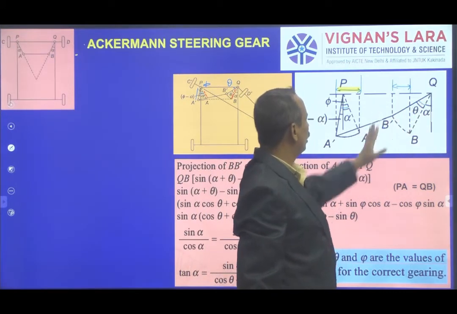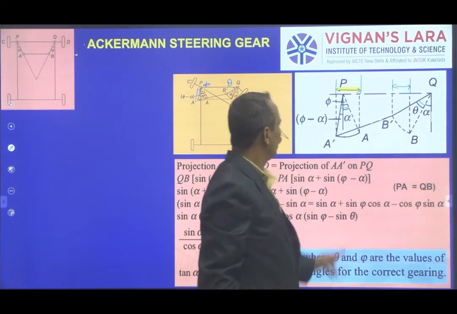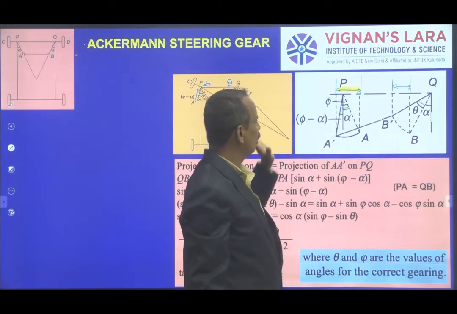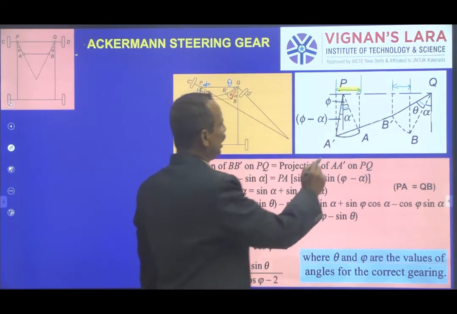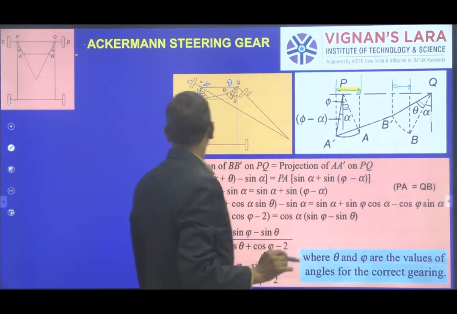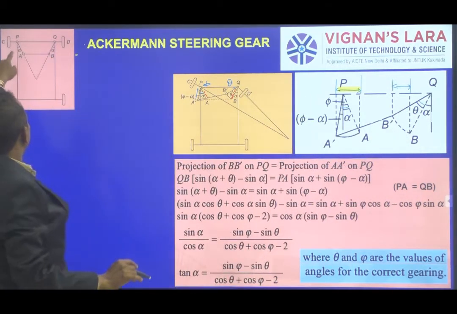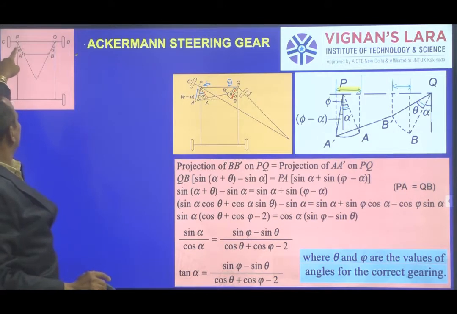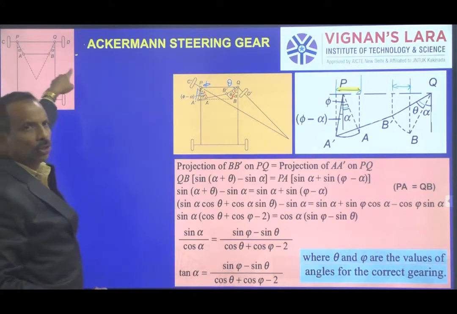QB is equal to QB dash and PA is equal to PA dash, and at the same time PA is equal to QB, because we have taken the links such that PA is equal to QB.